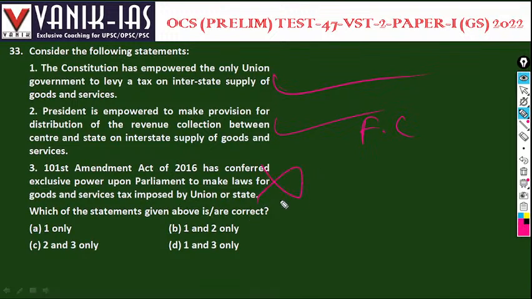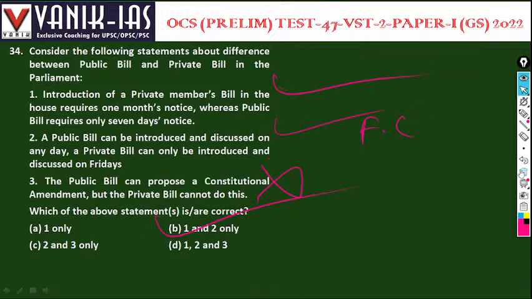No, this is not right, because there will be ratification by the state legislatures. So only options 1 and 2 will be right, because it's a rigid provision and the states' interests are also there. That's why B is the answer. C is wrong.